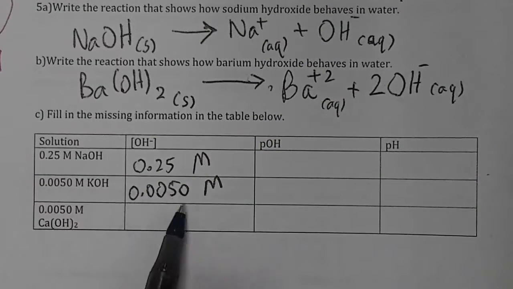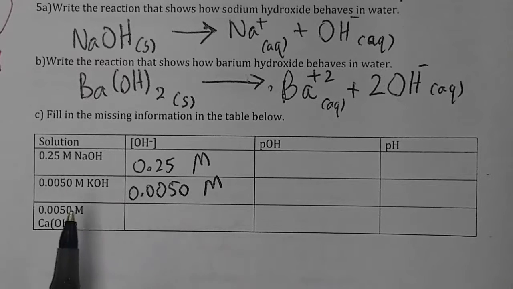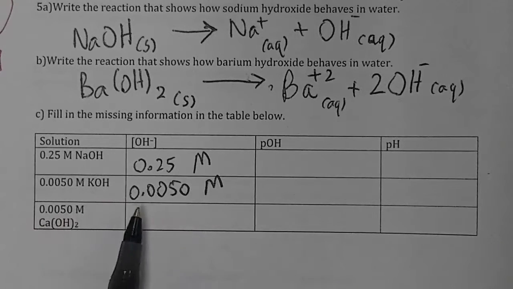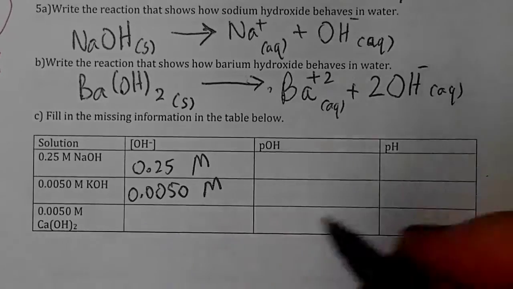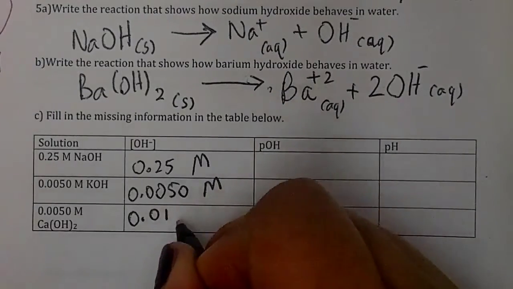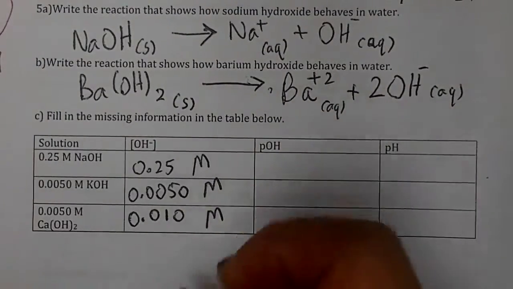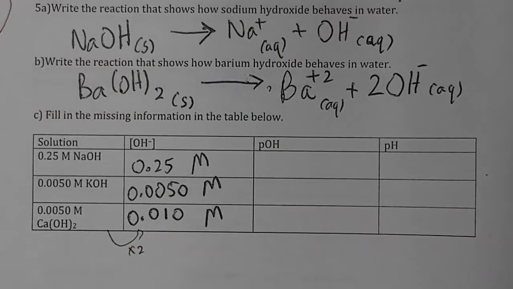This is Ca(OH)2. Right, so for every one of this, it's going to break into two of this. So therefore the answer is 0.01, right? Meaning I'm going to need to multiply by 2 for this. Right?